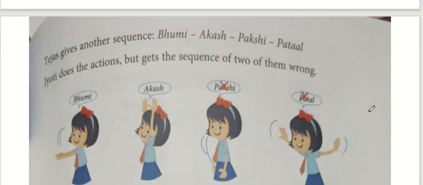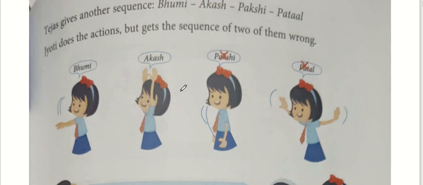Next page. Tejas gives another sequence: Bhumi, Akash, Pakshi, Patal. Jyoti does the actions but the sequence of two of them is wrong. Now the instruction given by Tejas was Bhumi, Akash, Pakshi and Patal. But she did not perform the same poses, she interchanged them.